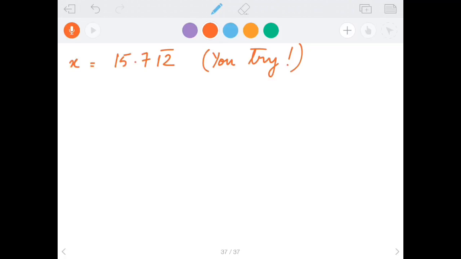Go back for the steps if necessary, but I think this is something that I'm sure you would have done. So let's begin. There are 2 digits under the bar, so I'm going to begin with 100x.